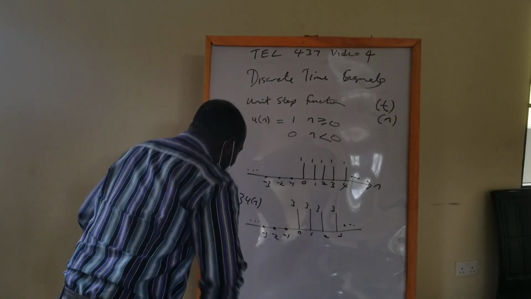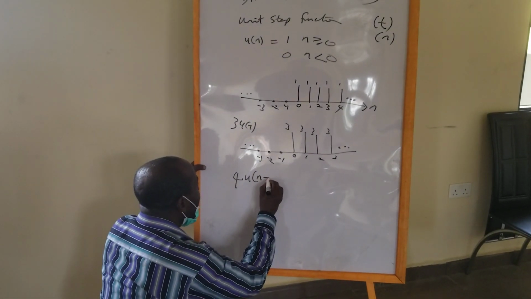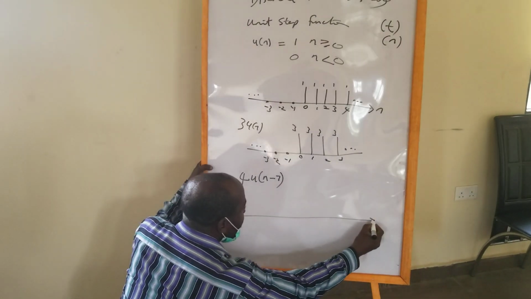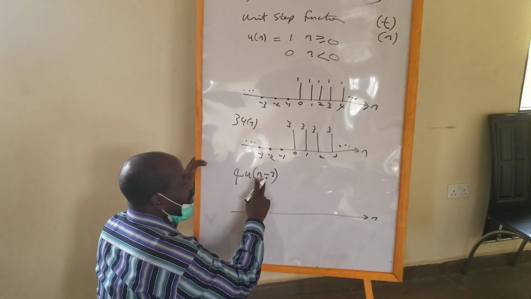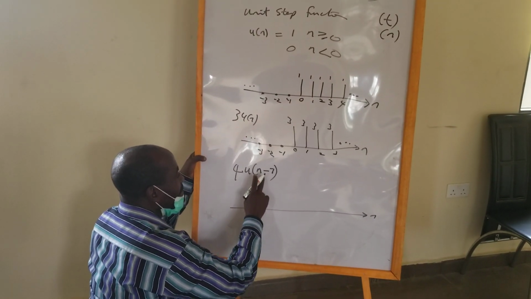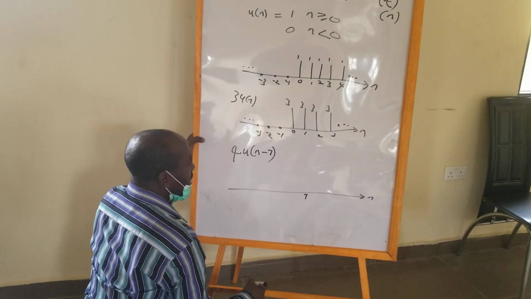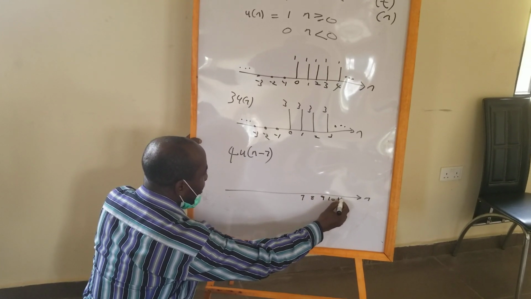If I have 4 u of n minus 7, that means if this axis is n, set n minus 7 equals 0, that will give me n equals 7. Action will start at 7, not at 0 again. So 7, 8, 9, 10, 11.